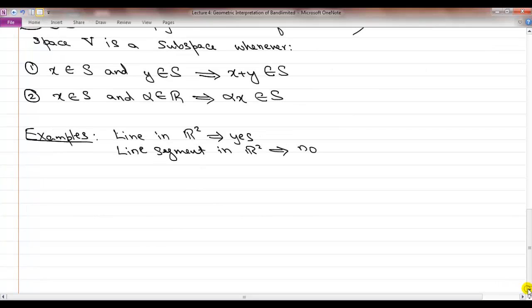Okay. Now here is an interesting fact about subspaces, which we are not going to formally prove. A subspace is itself a vector space.